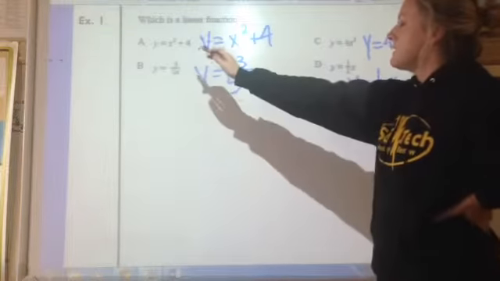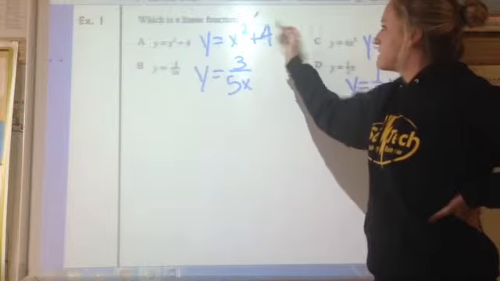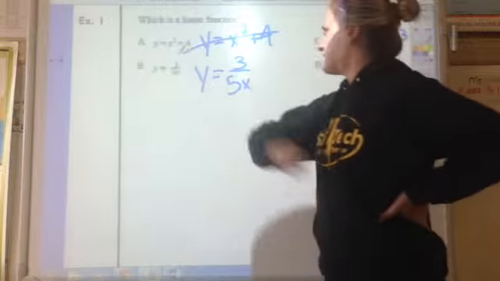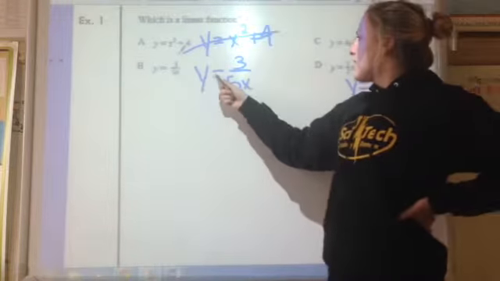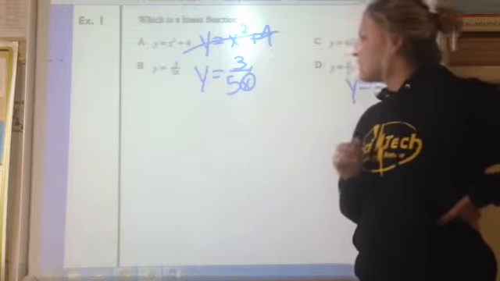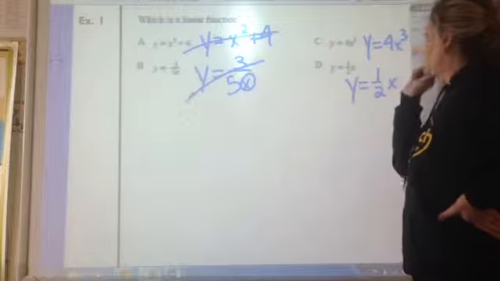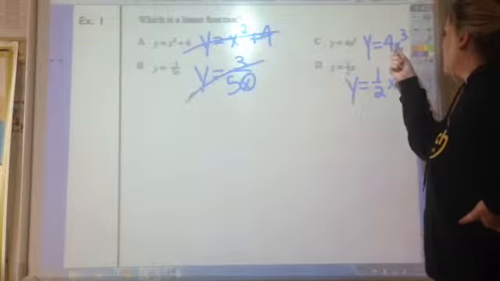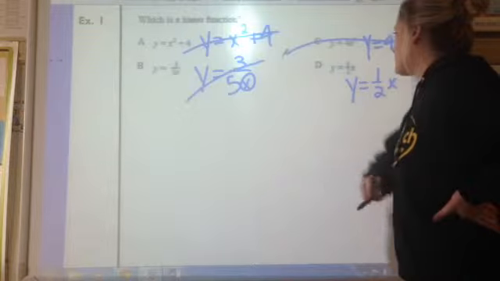Well, I see immediately that answer choice A, y equals x squared plus 4, has an exponent in it, so I know that this is not a linear function. Answer choice B, y equals 3/5x: I see this variable in the denominator, so I know that it is nonlinear. Answer choice C, y equals 4x cubed: I see my exponent, so I know that C is nonlinear.